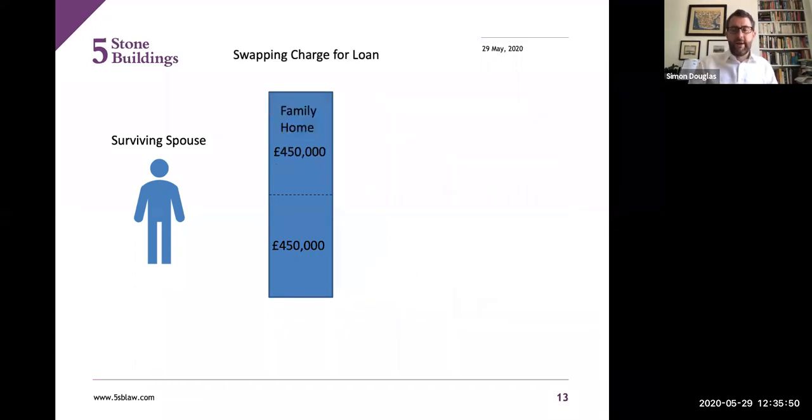So let's look at how that would work. The surviving spouse's family home is again worth £450,000 and their general estate is worth £450,000. They've agreed to purchase back part of their family home, or have asked the trustees to release their charge upon the family home. So they now have the entire equity in the family home.